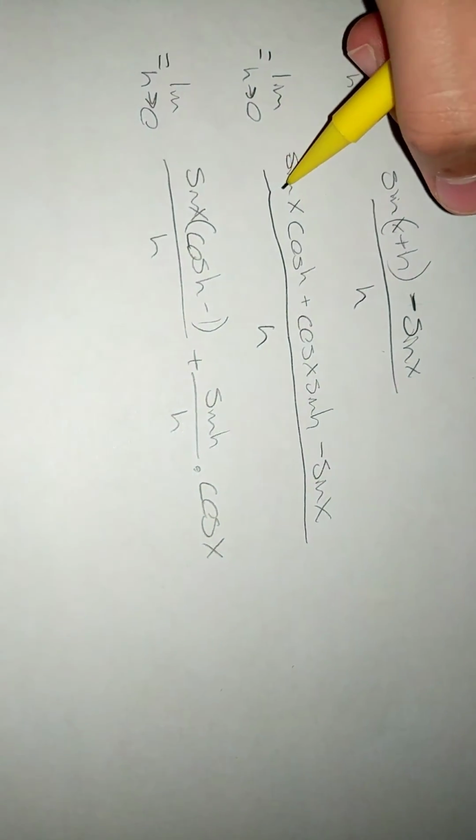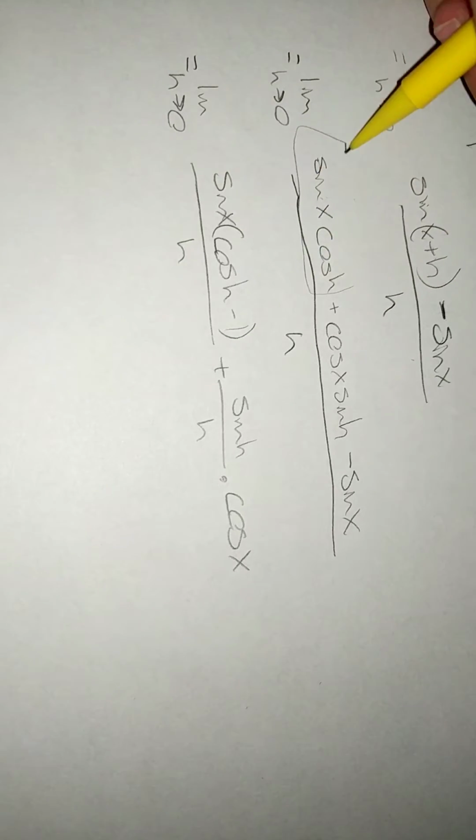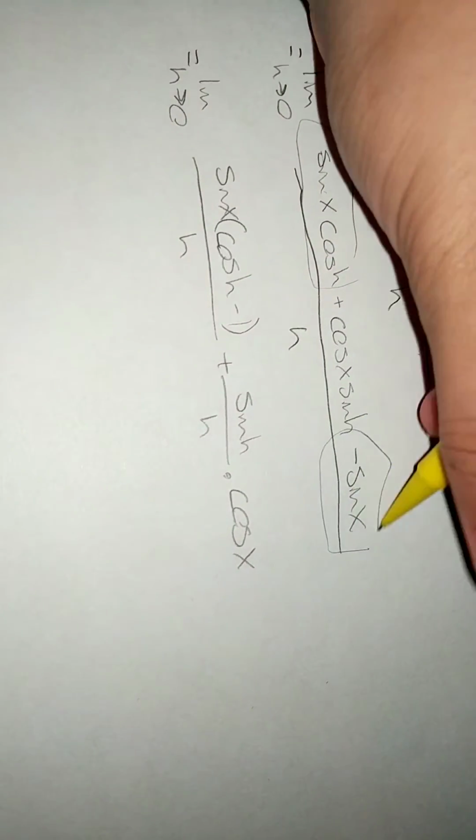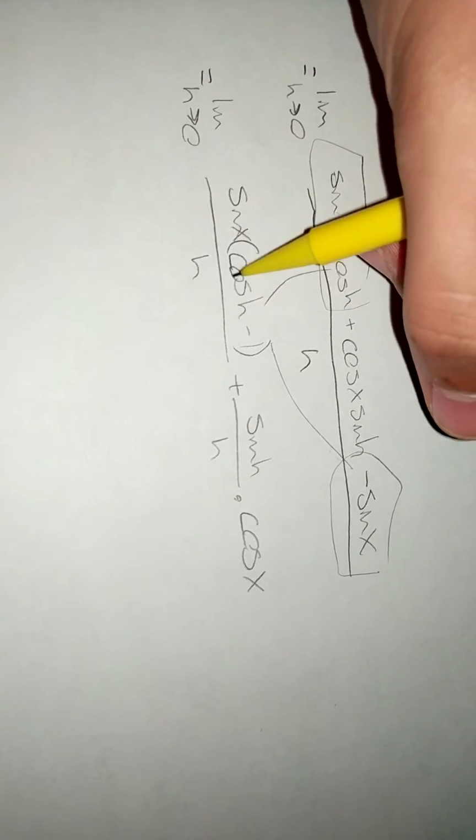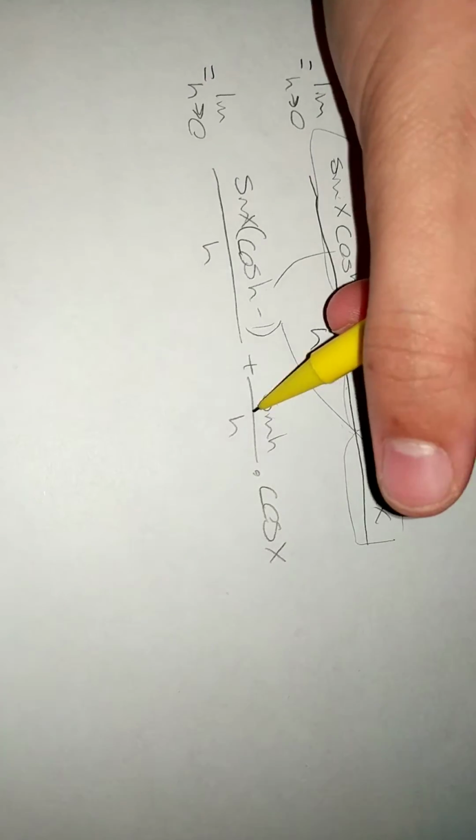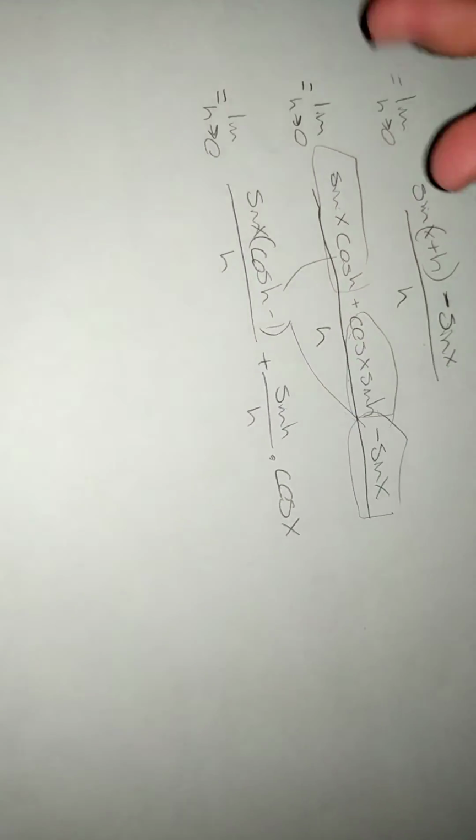As you can see, we took this part right here and this part right here as one fraction, and then we broke up this part into sine of h over h times cosine of x.